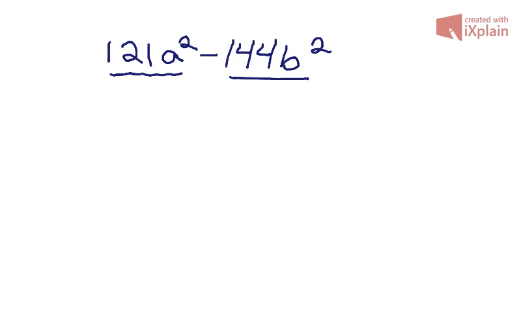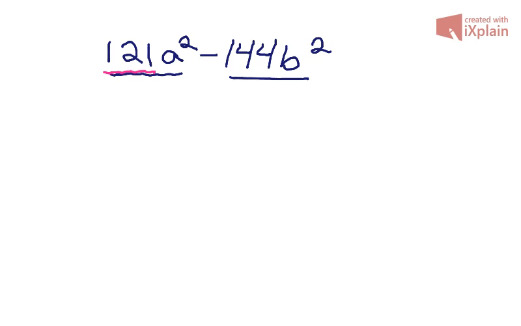So one thing that we want to note here is, let's break this up piece by piece. Taking a look at the constants, 121, you might want to see if 121 is the square of some number, or the product of a number times itself.